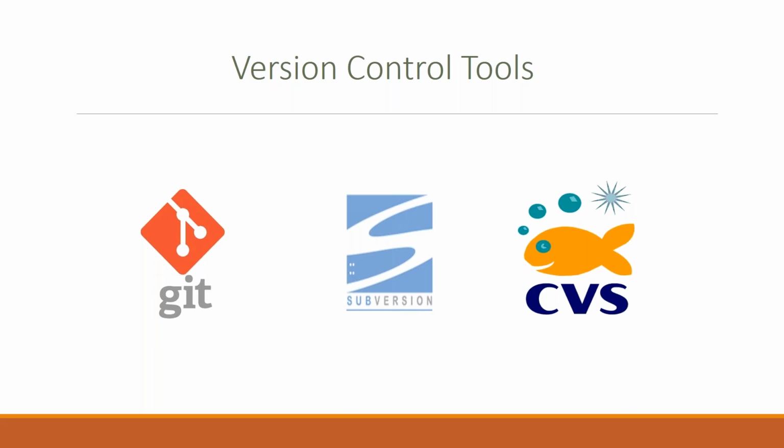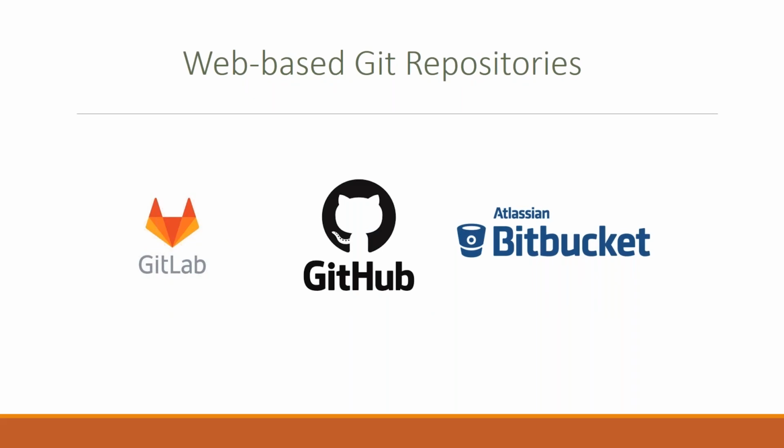If you're going with Git, you need to have a web-based Git repository, because Git is software that we generally install on your laptop, and using commands you can upload your code. But where are you going to upload it? You upload your code to a web-based Git repository so that everyone can see the code with a graphical user interface.